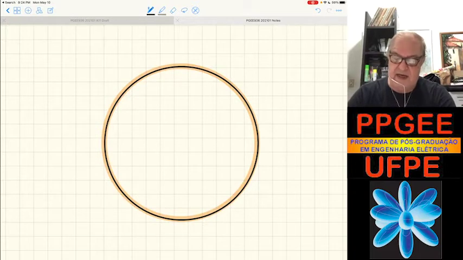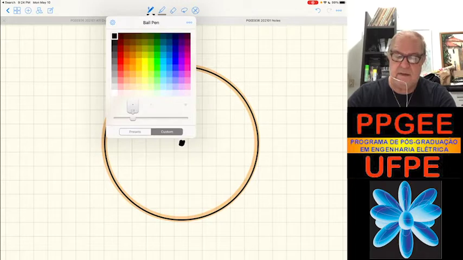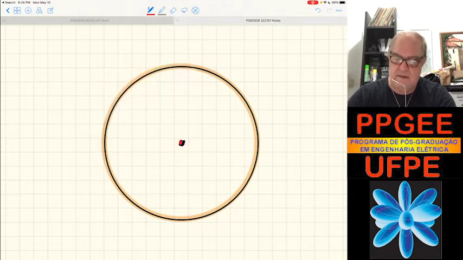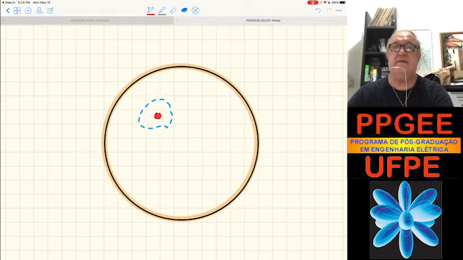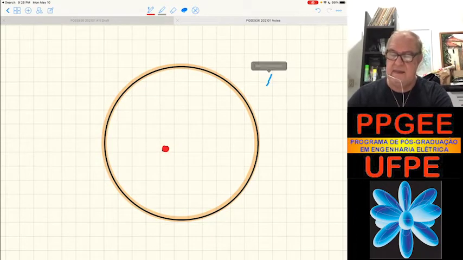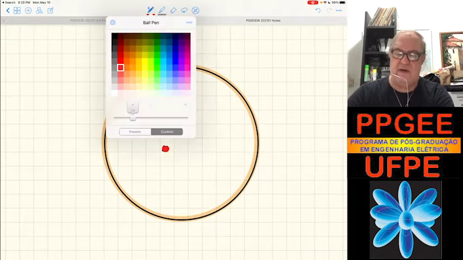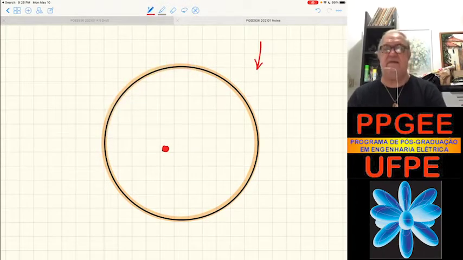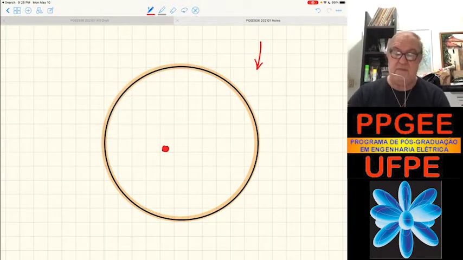So if I have a charge here, I can move the charge around inside, and nothing happens outside. No electrical activity outside. I can redistribute, right?